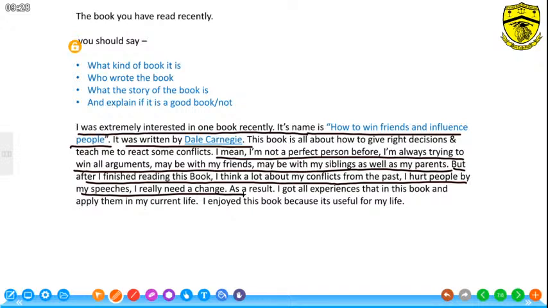Right? So all these sentences are the supportive sentences to explain the concepts in this book.